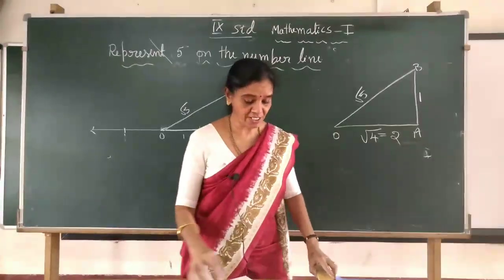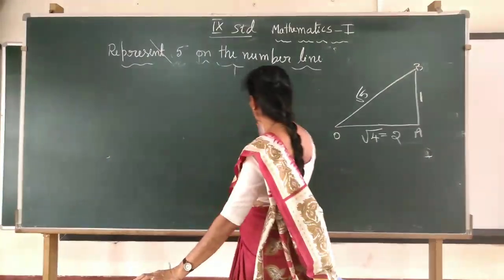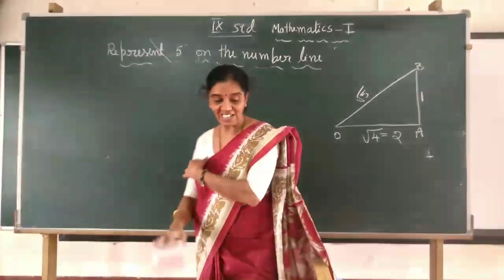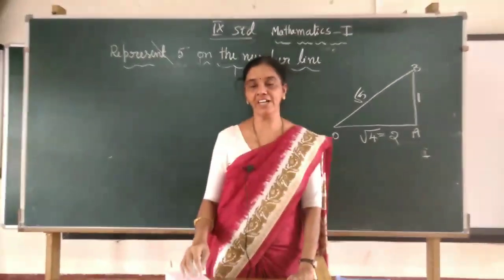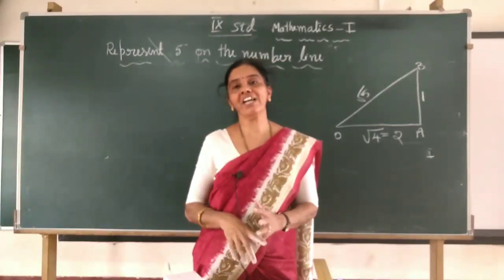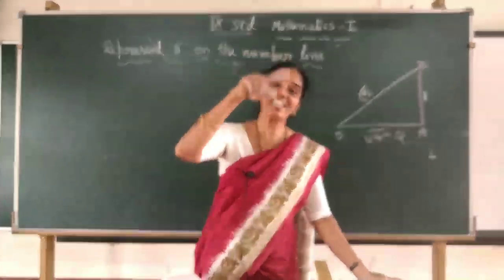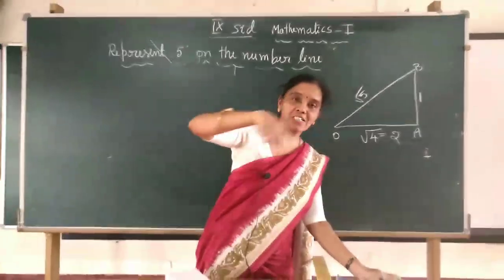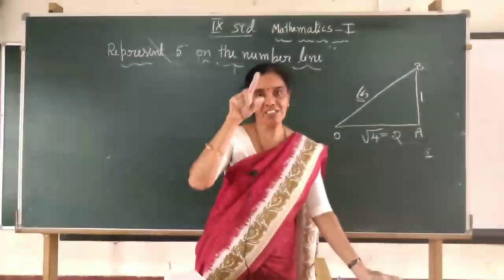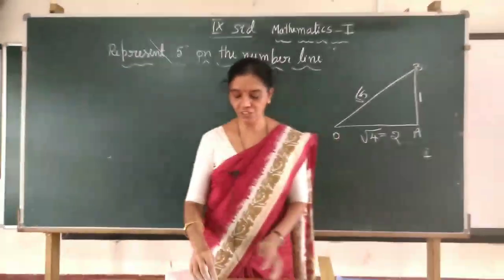Now in this way we can have different square root numbers which are irrational represented, and in one sheet it is possible to write square root 2, square root 3, square root 4, go on. Like a spiral you will get different triangles, and all this one you should write.